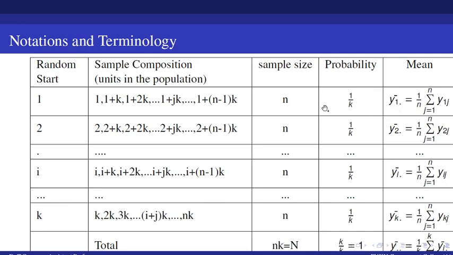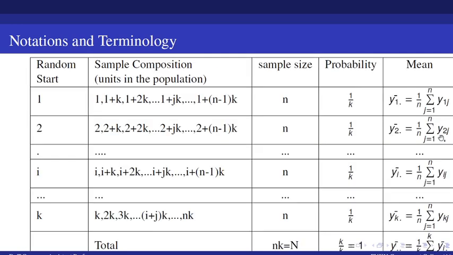Here, the sample mean of random start sample 1 is y bar 1 dot is equal to 1 by n into the summation j equal to 1 to n of y1j, which is our first sample mean.